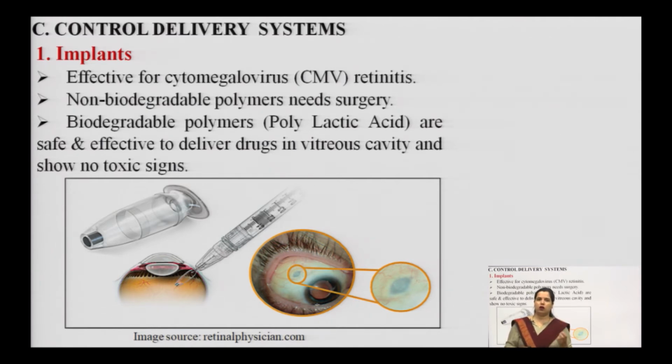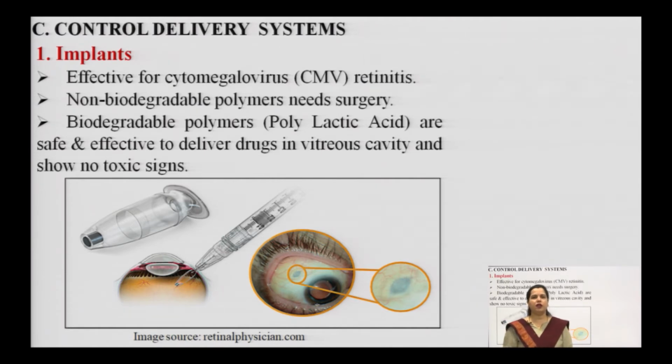So, we will not discuss this topic in much detail, but slightly, specifically for ocular administration. You see in the picture that a variety of implants have been used.